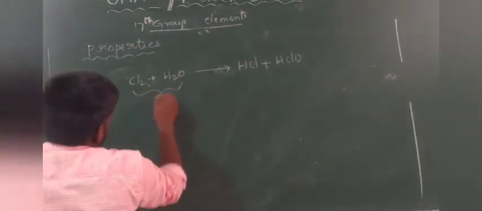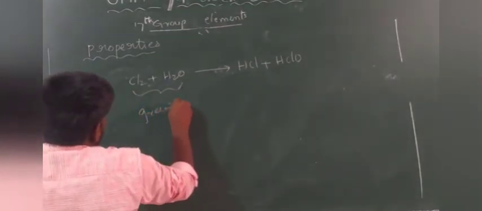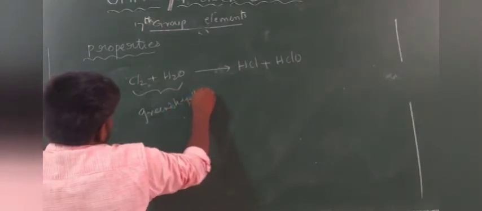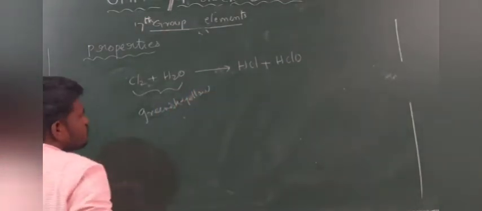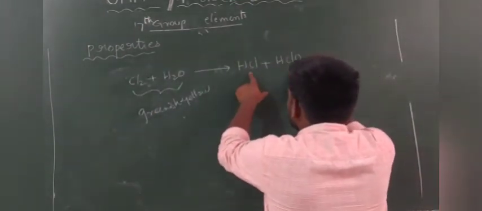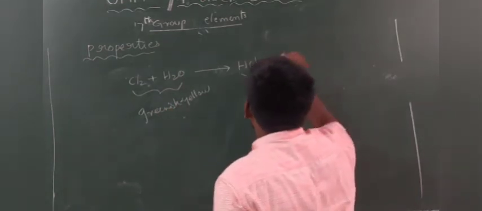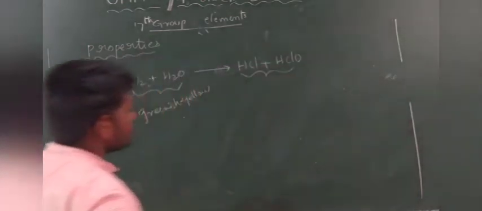Chlorine is greenish yellow in color, but due to the formation of these two chemicals, the color disappears and we get a colorless mixture, right?